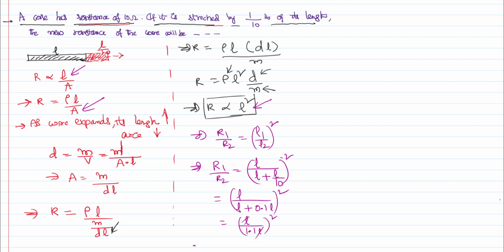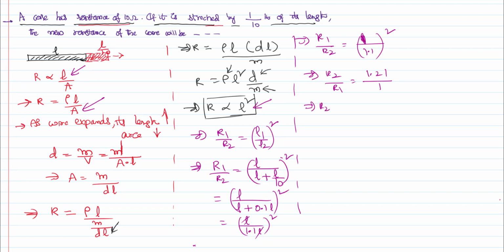L and L can be cancelled. So if you rewrite the terms, R1 by R2 equals 1 by 1.1 whole square. If you reverse that, R2 by R1 is 1.1 whole square, which is 1.21 by 1, since 1 square is 1 itself.